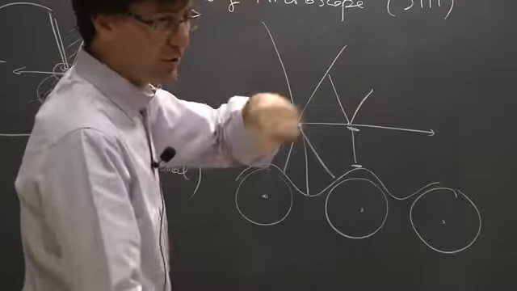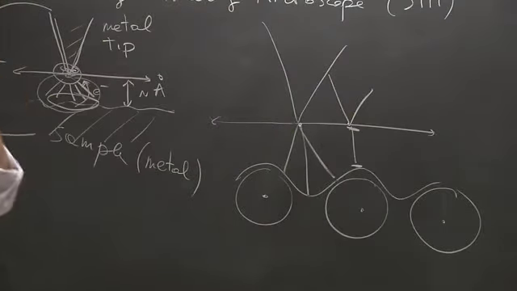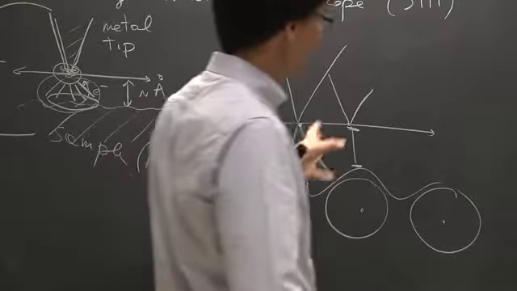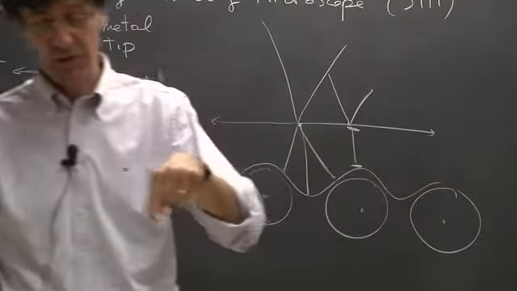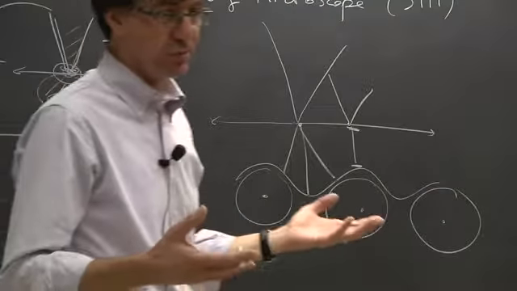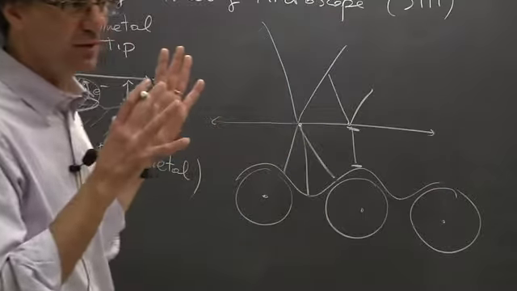So if you now record your current as a function of position, you will see huge oscillations in your current. In other words, you'll be able to map the local topology of your sample. In other words, you'll be able to make a picture, to take a snapshot of the surface of a material.